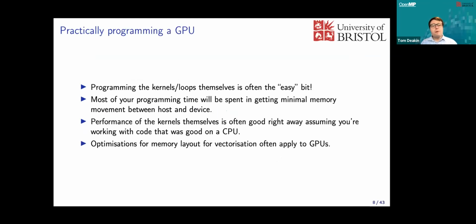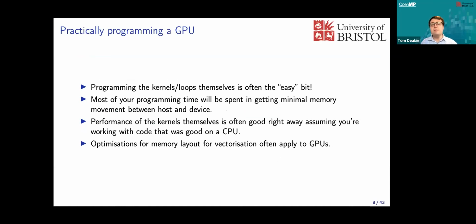So when programming a GPU, it's often useful to think about this in two parts. There's the parallelism that we need to expose on the GPU, and then also the movement of data between the host and the device. Often, programming the kernels and the loops themselves, so writing the parallel loops, is the easier part of those two things.